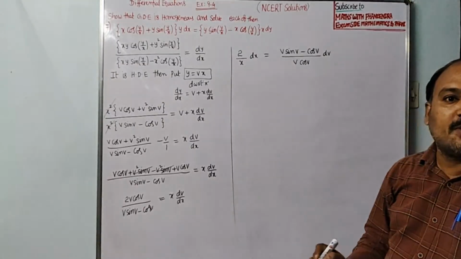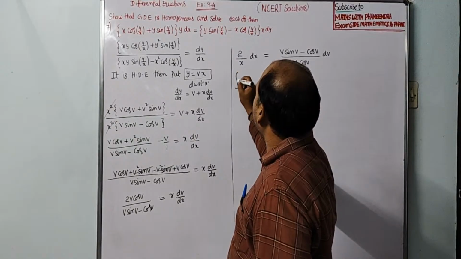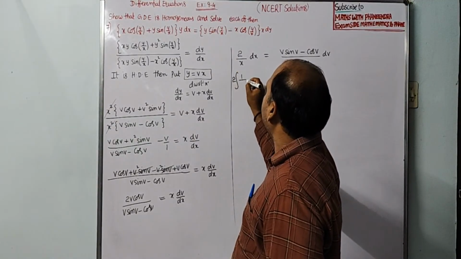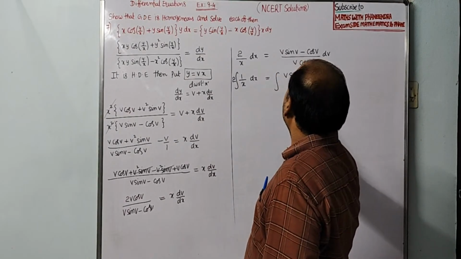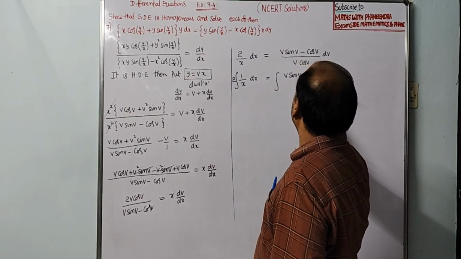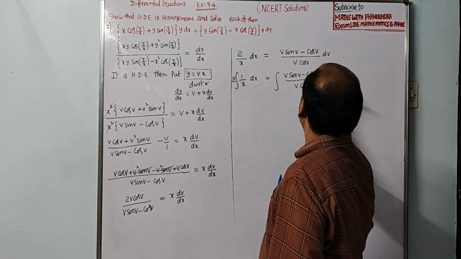Now variables were separated. Whenever variables are separated, take integration on both sides. 2 also is a constant, bring outside. Integral 1 by x dx is equal to integral v sin v minus cos v divided by v cos v into dv.